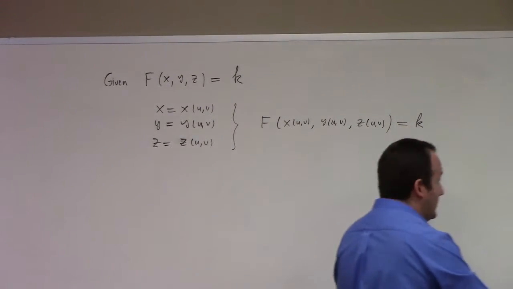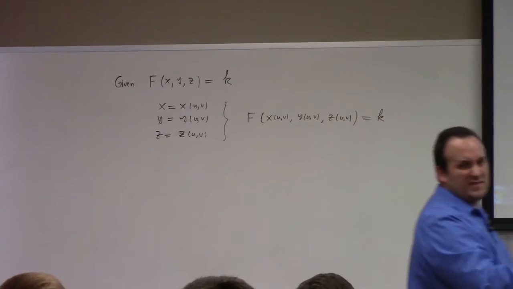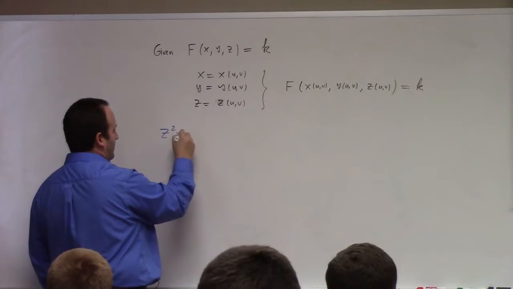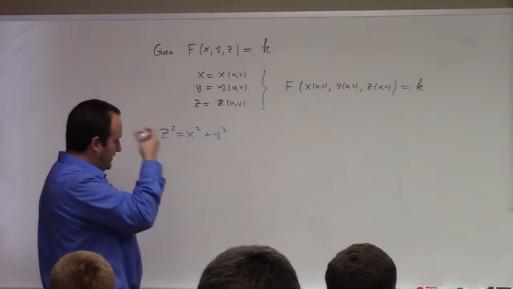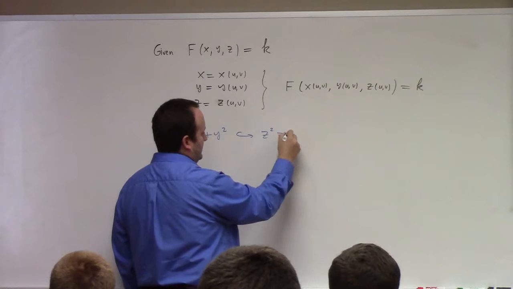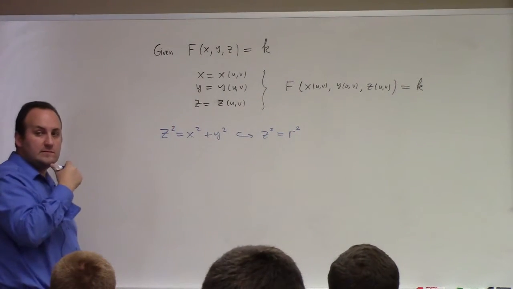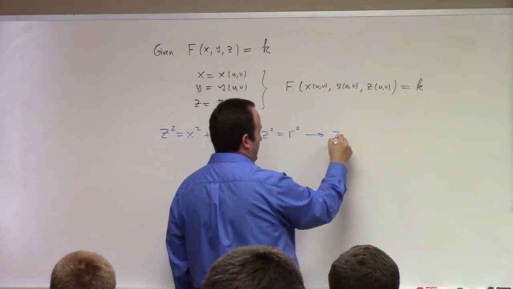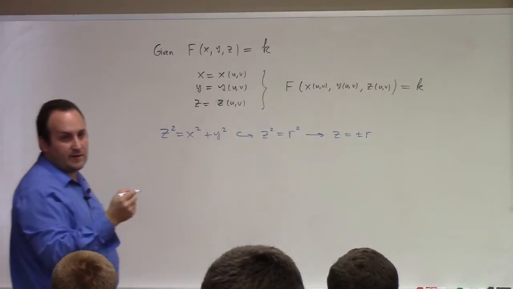So this one here, you got what? z squared equals x squared plus y squared. So let's see here. I look at this, and I have two thoughts. The one thought is, well, this is really z squared is equal to r squared, right, in cylindrical coordinates. So I could look at this as simply z is equal to plus or minus r, right?